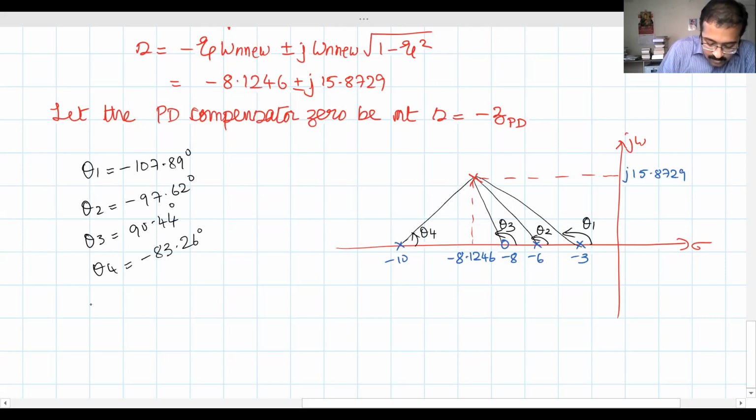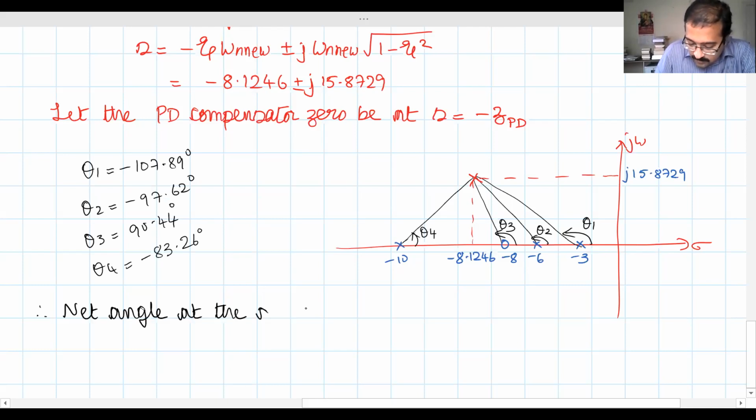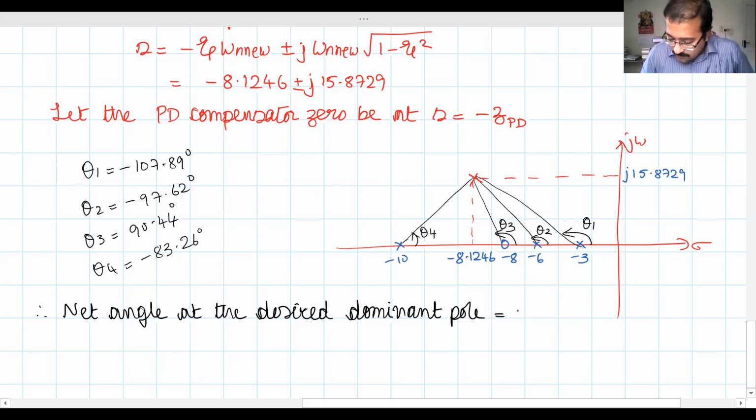Okay, so what's the net angle at the desired dominant pole? Therefore, net angle at the desired dominant pole will be theta 1 plus theta 2 plus theta 3 plus theta 4. Okay, how much will it be? It will be minus 198.33.